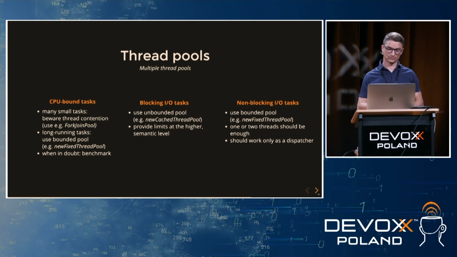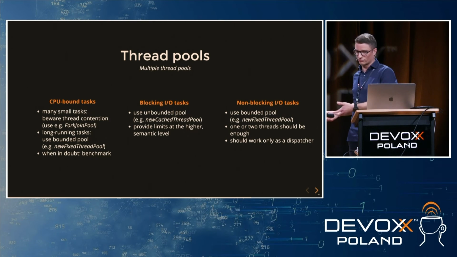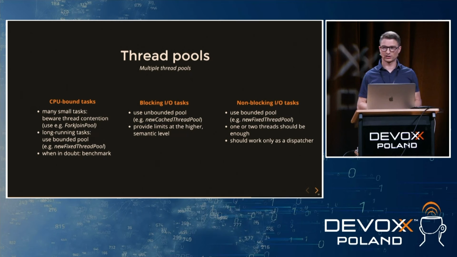And in reaction to that, it will add more threads to the thread pool itself. And as I said at the beginning of the presentation, throughput-sensitive applications and CPU-bound operations in general don't like when you have many more threads than you have CPUs in your hardware. So by introducing more threads to your thread pool, which will be done by fork join pool, you are degrading the performance of such an application.